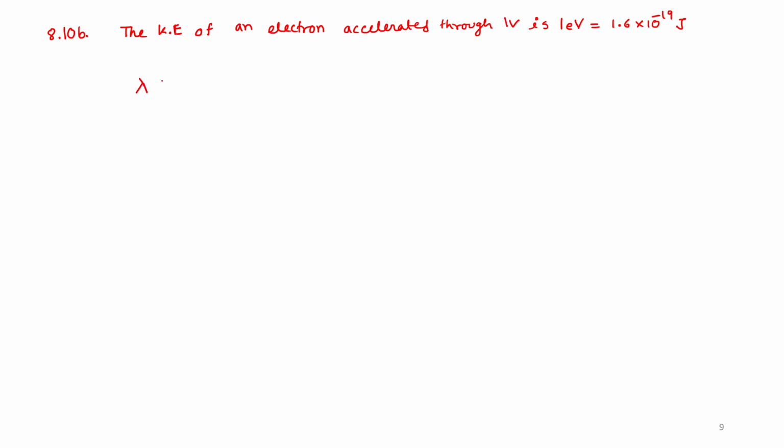Lambda is h by mv. Your kinetic energy is half mv square, right? If I multiply m in the numerator, I need to do the same in the denominator, and it will become m square v square by 2m. That is nothing but p square by 2m.